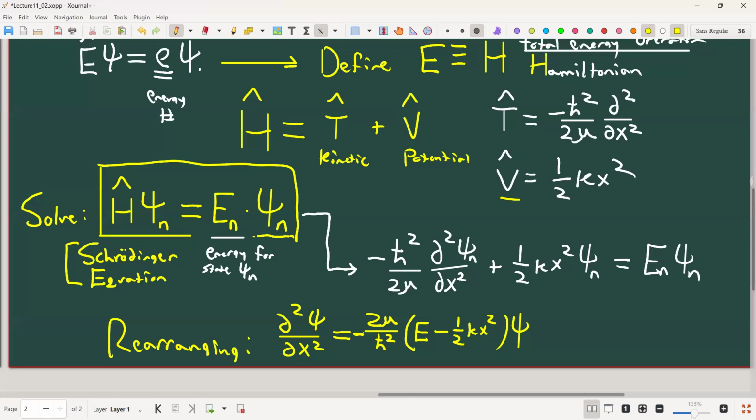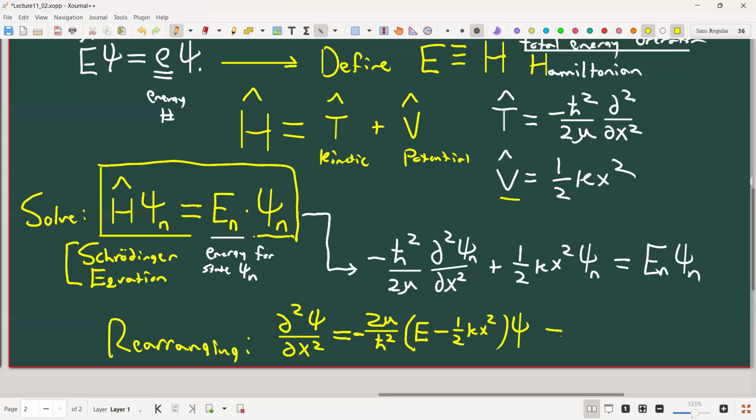All right, so remember that in the particle in the box, we just had that the second derivative of the wave function returns the wave function, right? And that's where we get sines and cosines. It's the functions where the second derivative gives the function back, like e to the i x, sine x, and cosine x. But now, when I take the second derivative, I actually get two different terms back.